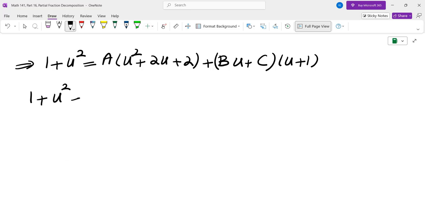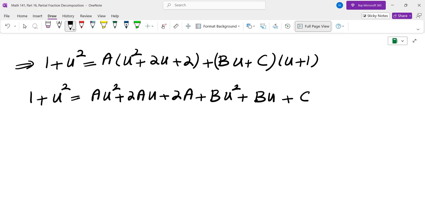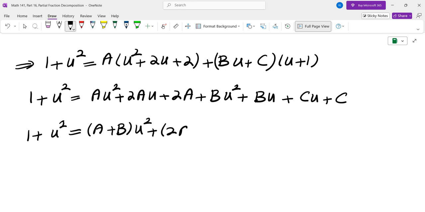So 1 + u² = Au² + 2Au + 2A + Bu² + Bu + Cu + C. If we combine like terms, we get (A + B)u² + (2A + B + C)u + (2A + C).